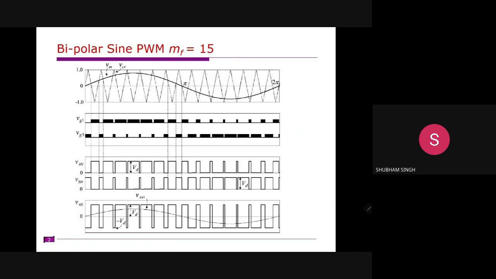So first we'll discuss bipolar PWM. You might have studied this, right? In case of bipolar sine PWM, you require a sinusoidal waveform. So this will be the reference waveform or modulating signal.